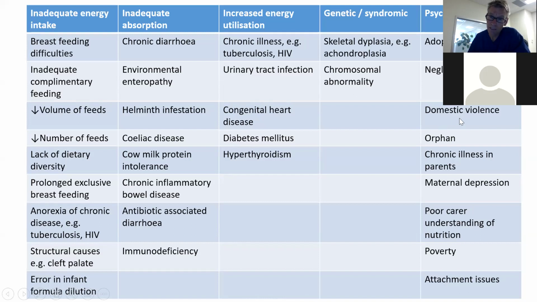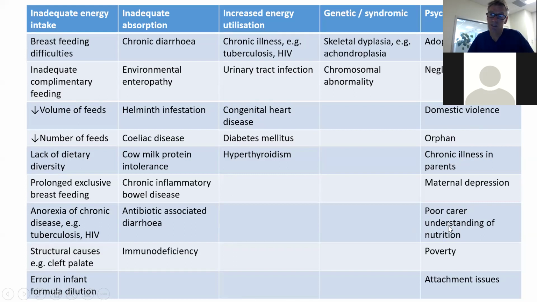Sometimes there'll be other factors in the family, like domestic violence. Sometimes the infant will be an orphan, or the parents will be unwell themselves, or sometimes the mother will be depressed, or there'll be often a poor parental understanding of nutrition. They won't know that you've got to feed the baby more than 2 or 3 times a day, for example.